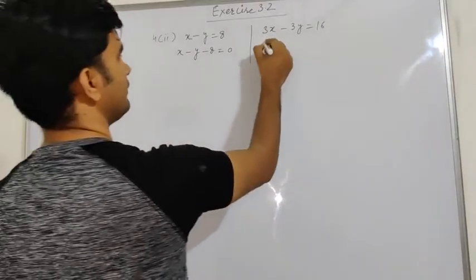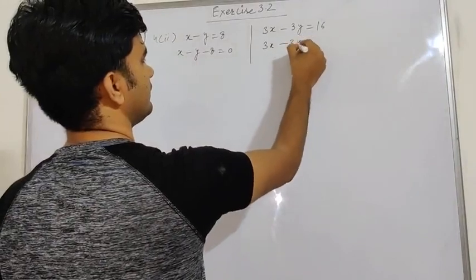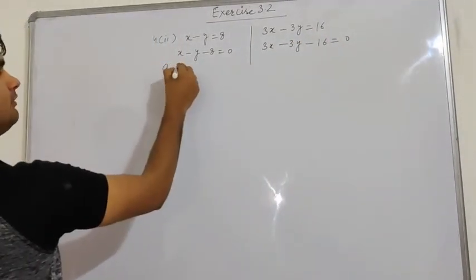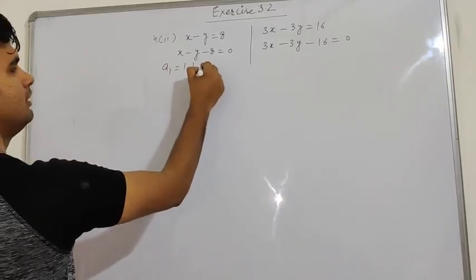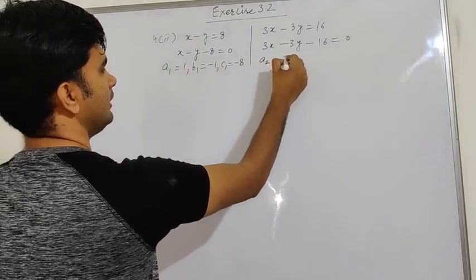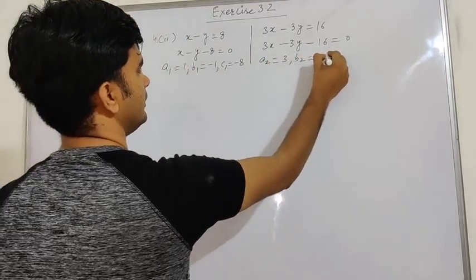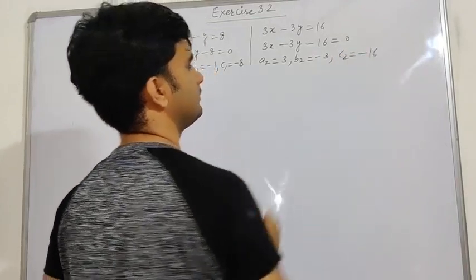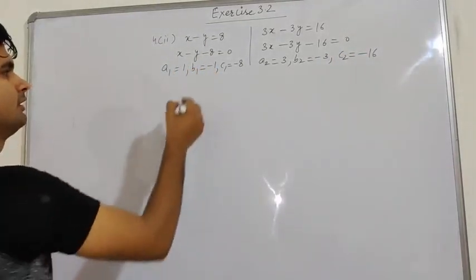We can write it in this way. 3x minus 3y minus 16 is equal to 0. So here a1 coefficient of x is 1, b1 minus 1, c1 minus 8, a2 3, b2 minus 3, and c2 minus 16.